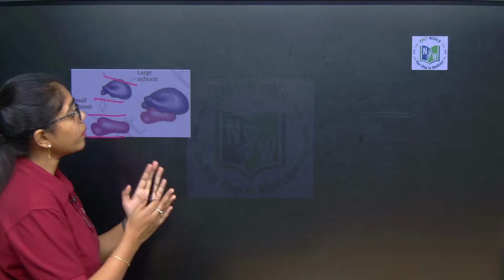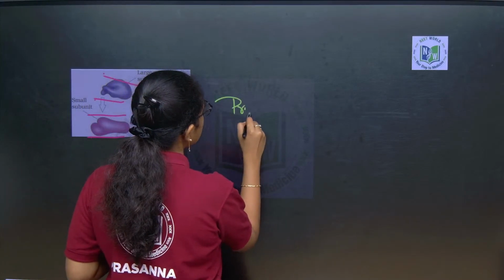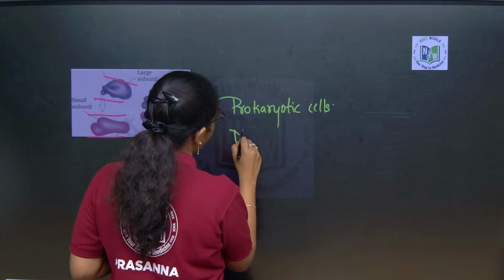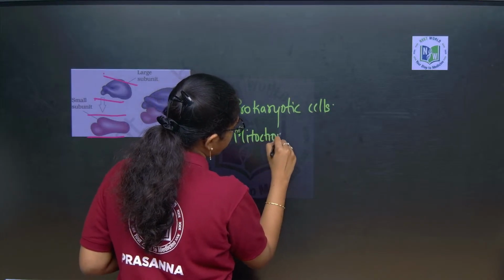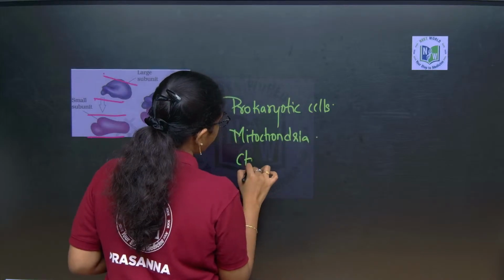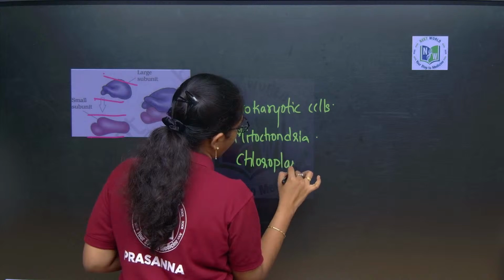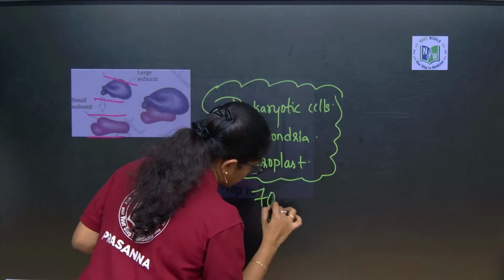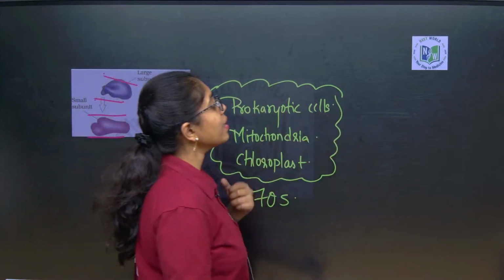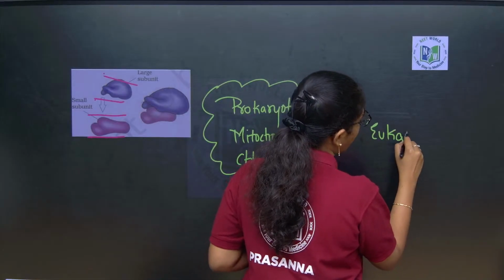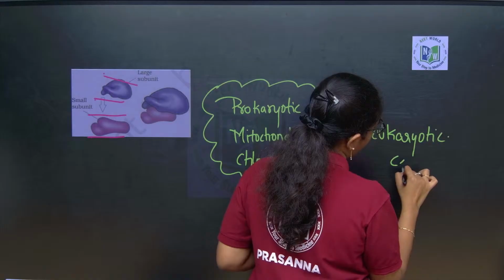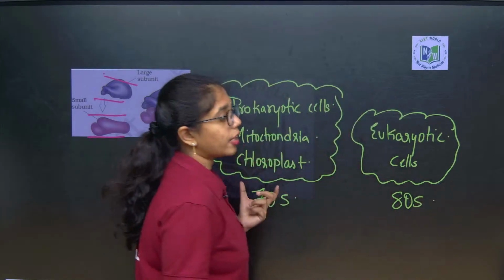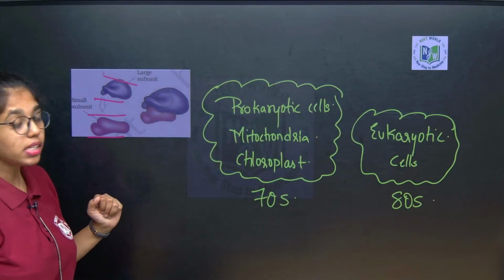Here what you have to remember: in prokaryotic cells, inside the mitochondria, and inside the chloroplast, you can observe 70S ribosomes, whereas in the cytoplasm of eukaryotic cells, you can observe 80S ribosomes, okay.